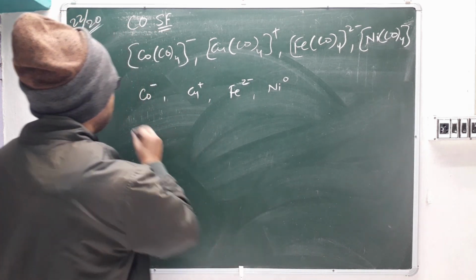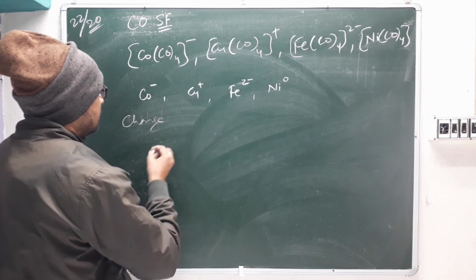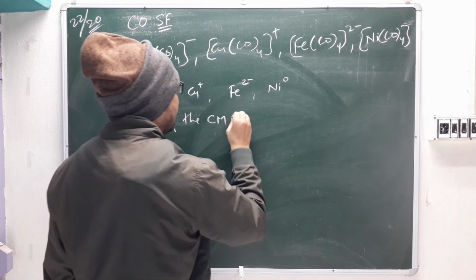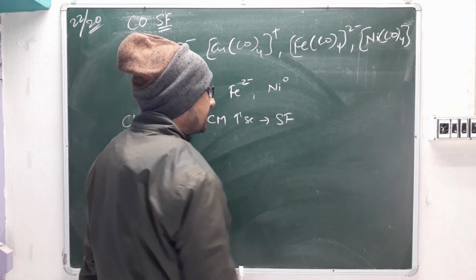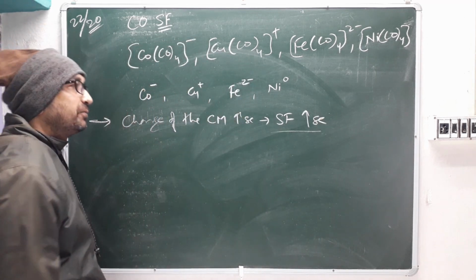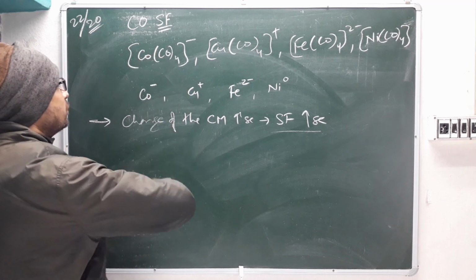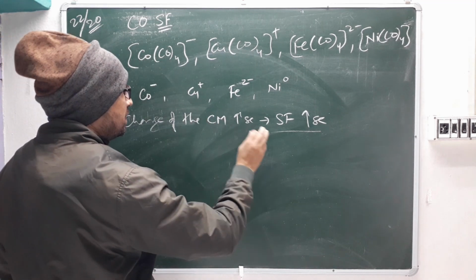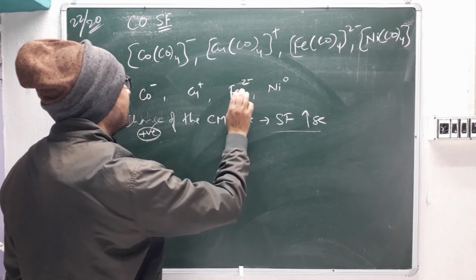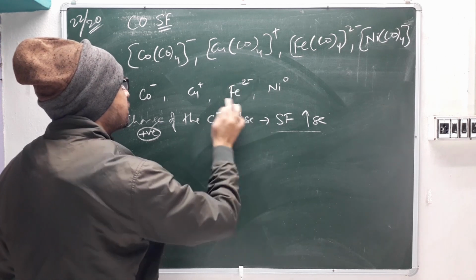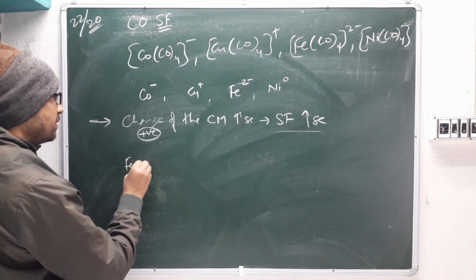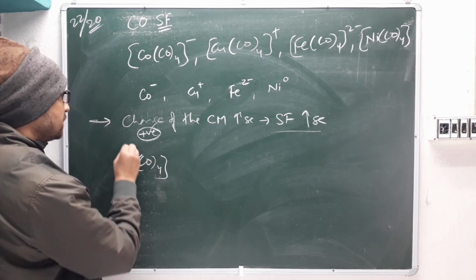As the charge of the central metal increases, the stretching frequency also increases. These are small points, just write them down somewhere, it will help you out. So directly you will see that the lower charge, meaning the more negative charge, will have the least stretching frequency. So this complex will have the least stretching frequency, so just write down Fe(CO)4, because this is 2 minus, right?